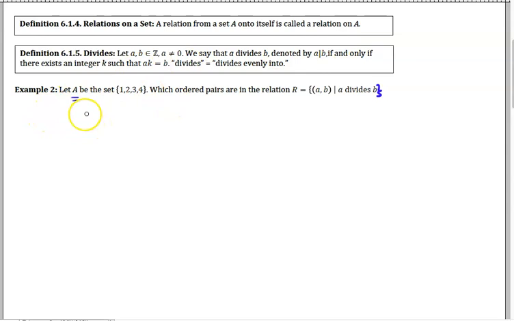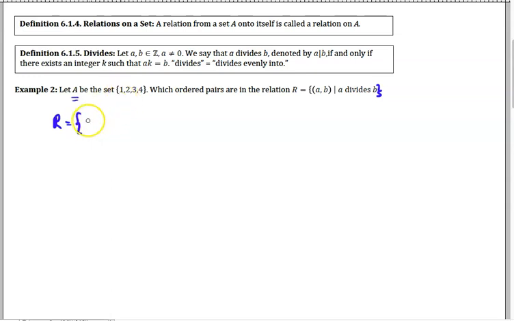So we want to figure out what elements are in R, and we're going to list them. The elements in R are all the ordered pairs where the first number divides into the second one.